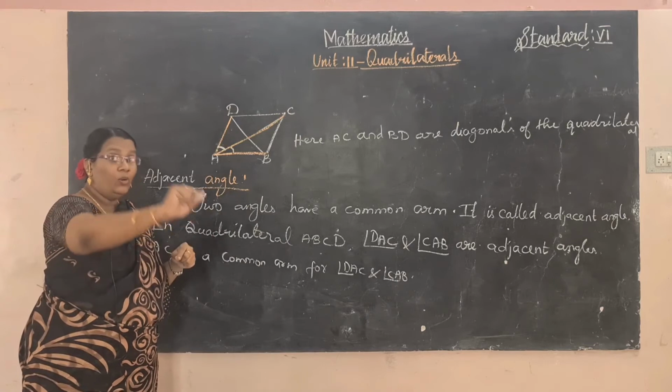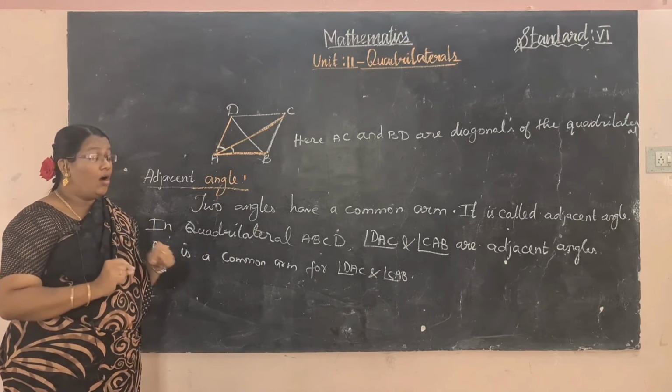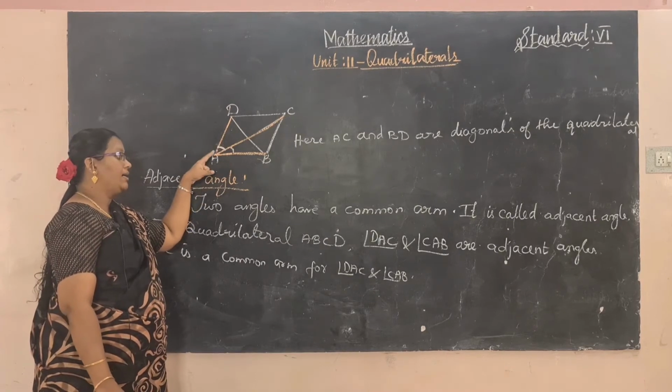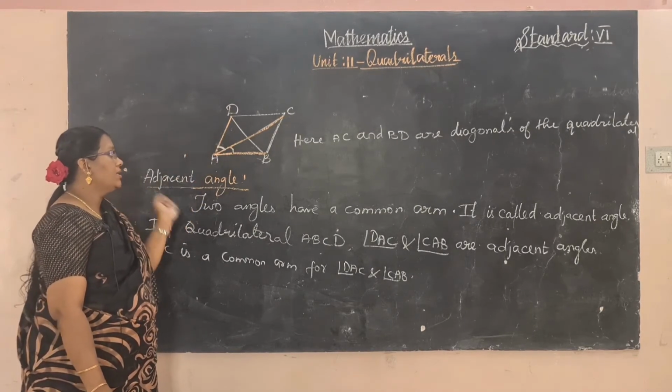AC is the common arm for the angles DAC and CAB. The common ray is called the arm. So that is called the adjacent angles.